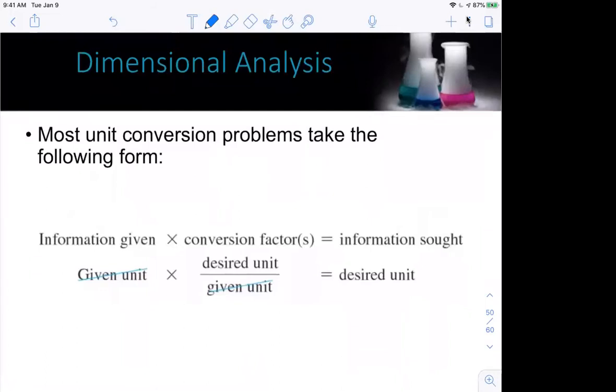I have my given, and then here is the conversion factor. My given unit is going to cancel because my units can multiply and divide just like numbers. So if I have centimeters over centimeters, the centimeters is going to cancel. Because my undesired units are canceling and my desired unit is on the top, now I've just done the conversion.